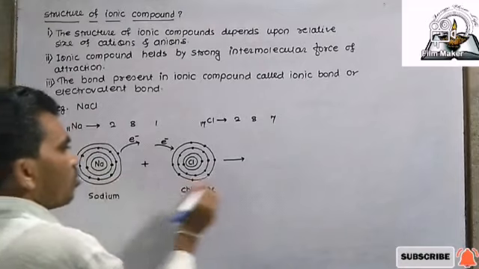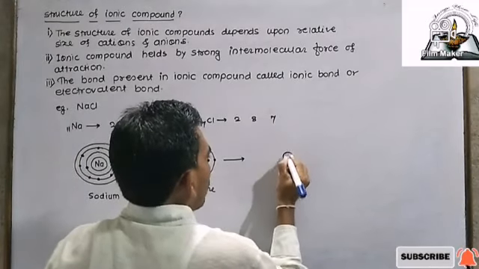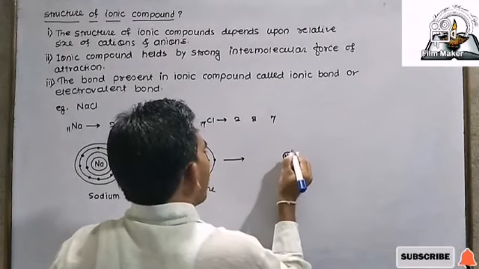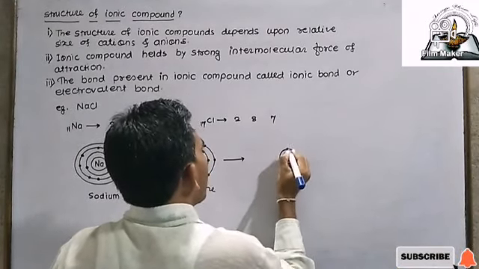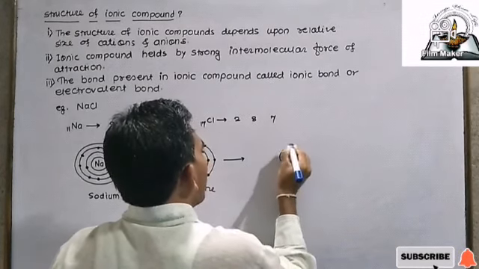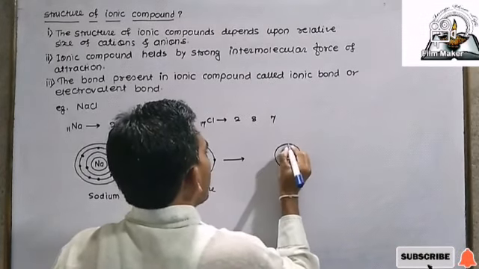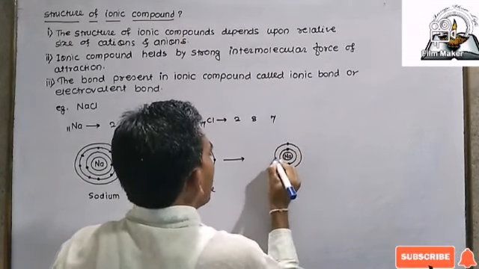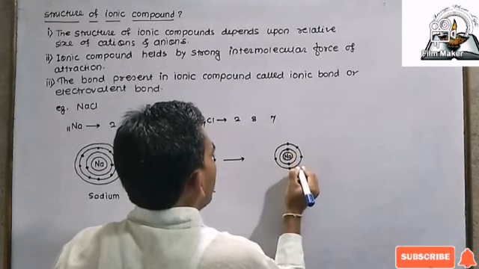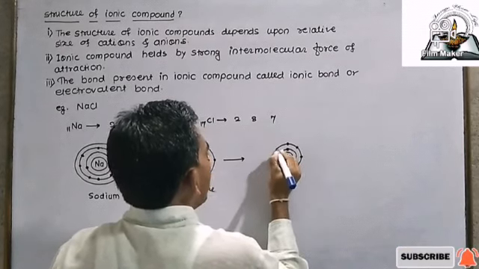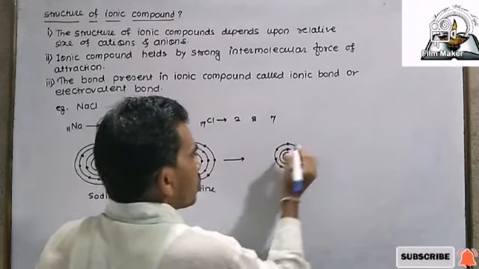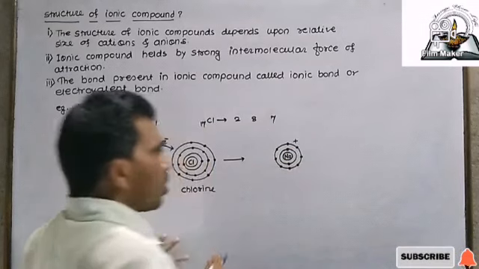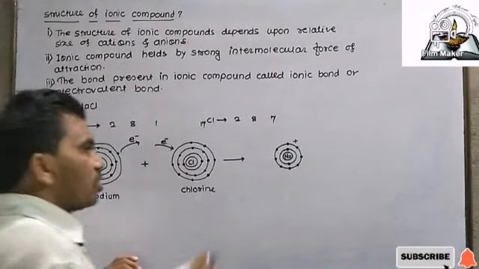जर मीन्स इफ द सोडियम लॉसेस 1 इलेक्ट्रॉन्स, so what happen? Sodium loses 1 electron, then 2, 8, its outermost orbit contain only 8 electrons. So 1, 2, 3, 4, 5, 6, 7 and 8. So this is sodium. So after losing 1 electron, it acquire 1 positive charge.